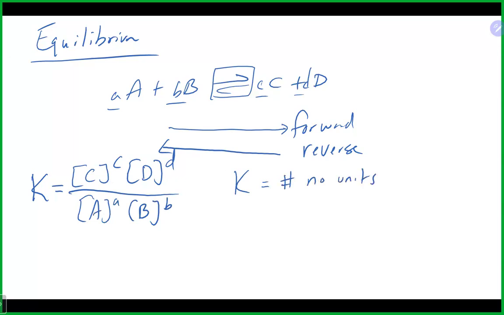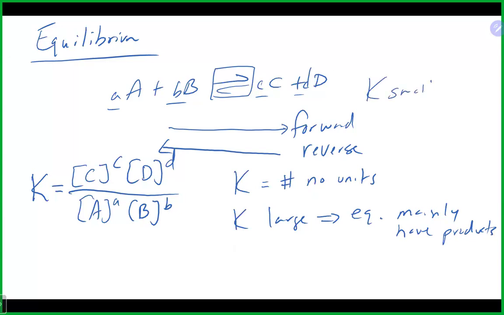But it does tell us several things. It tells us that if we have a large value of K, that means that when we reach equilibrium, we mainly have products. And if we have a small value of K, that means that when we reach equilibrium, we mainly have reactants.